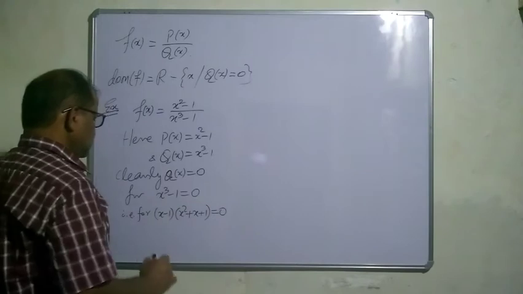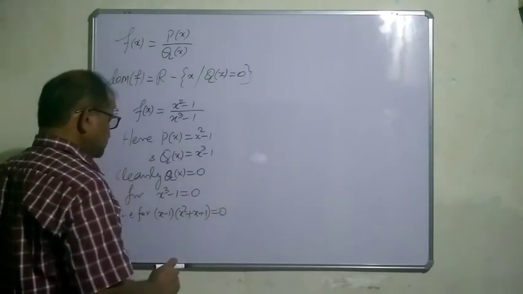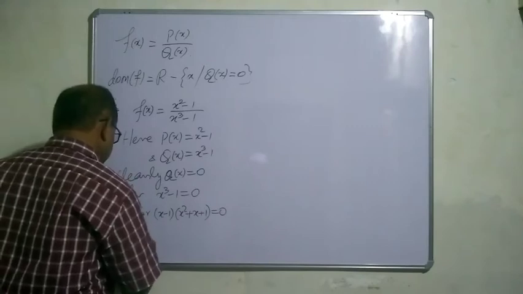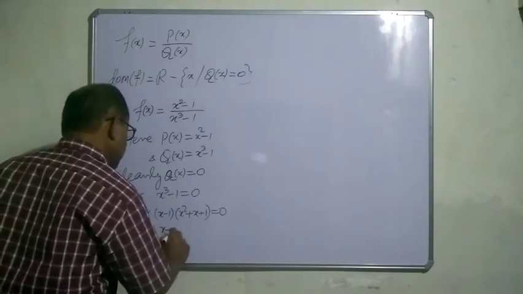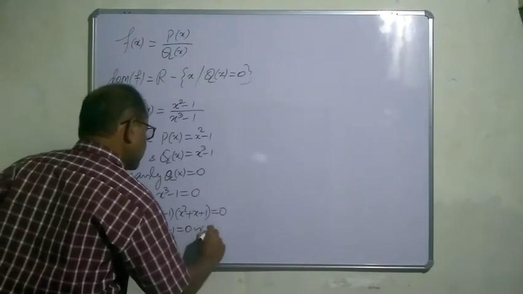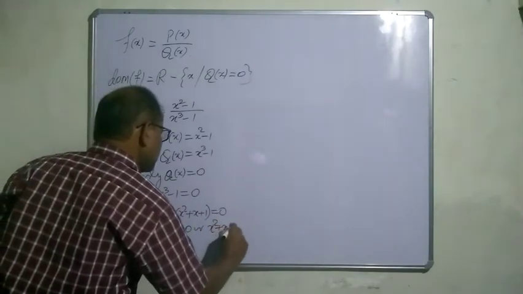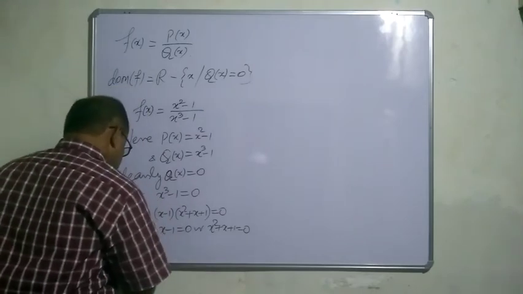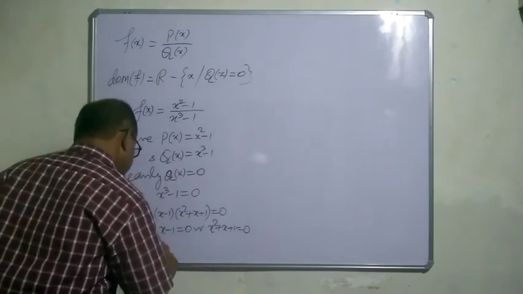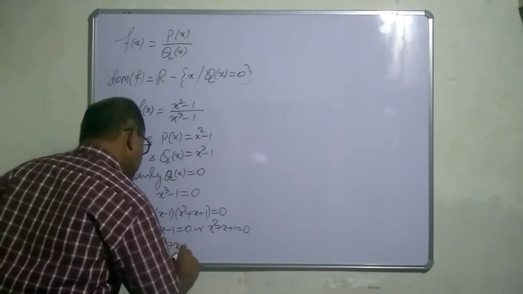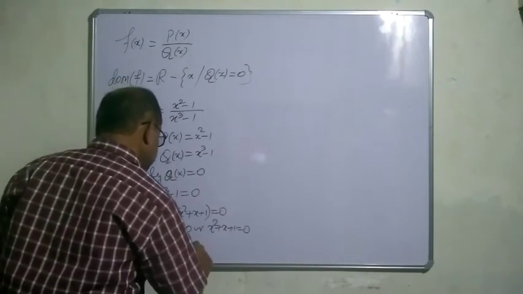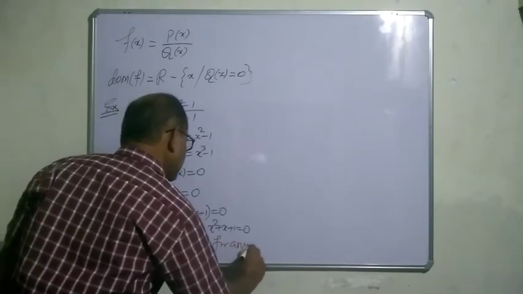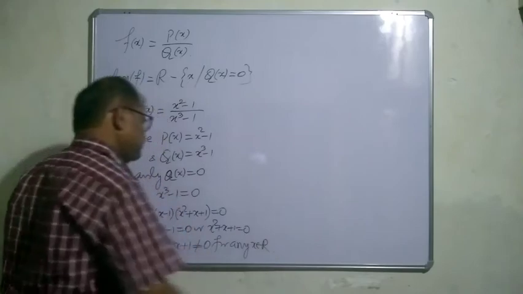This is the x cube minus 1. So that is for x minus 1 is equal to 0 or x square plus x plus 1 is equal to 0. But x square plus x plus 1 is not equal to 0 for any x belongs to R.